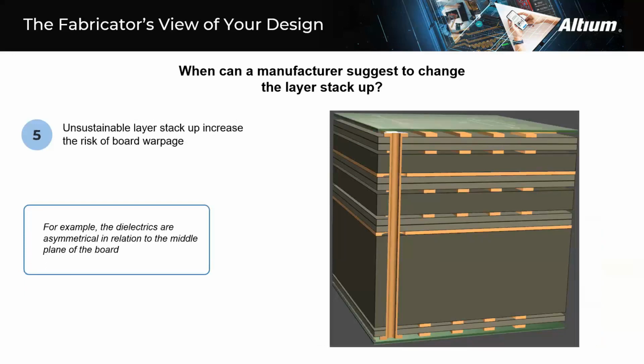Every designer has likely heard that it's always recommended to design a layer stack-up that is symmetrical relative to the middle plane. Deviating from this increases the chance of board warpage. In this situation, the fabricator may give designers input on the layer stack-up intended to prevent board warpage.